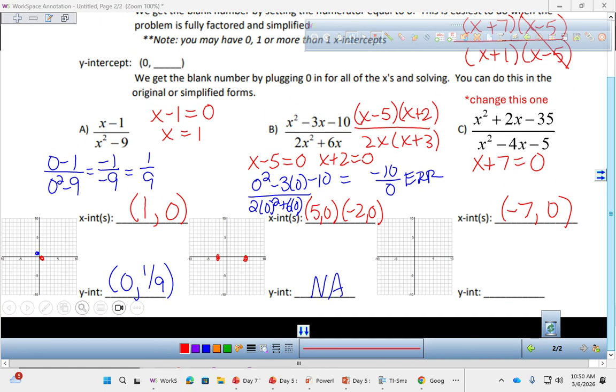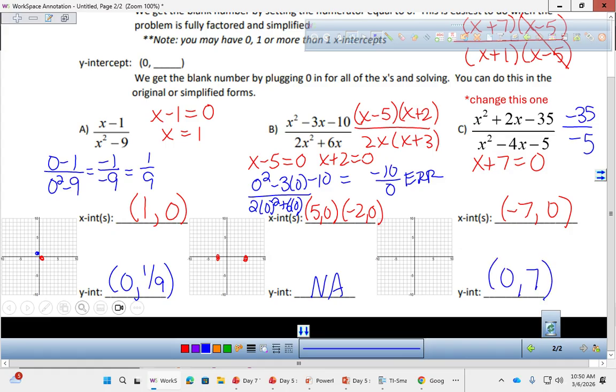In terms of the y-intercept, I'm going to plug 0 in. You can plug 0 into the original equation or the canceled out equation. You're going to get the same value either way. I'm going to do 0 squared plus 2 times 0 minus 35, over 0 squared minus 4 times 0 minus 5. I'd get 7.